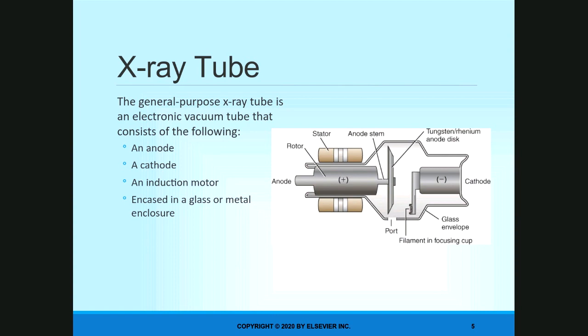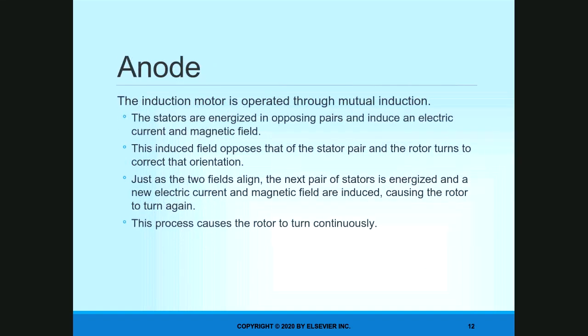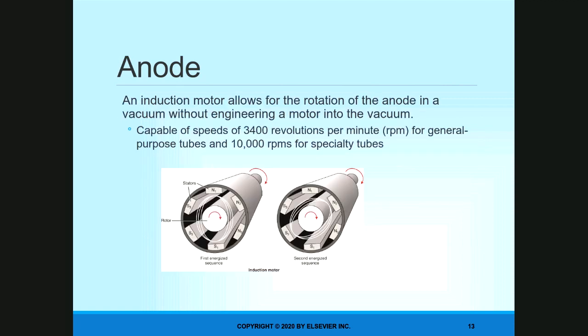Looking at it face on, this is the anode, and it spins really fast. It spins at approximately 3,400 revolutions per minute. Spins at 3,400 RPM.